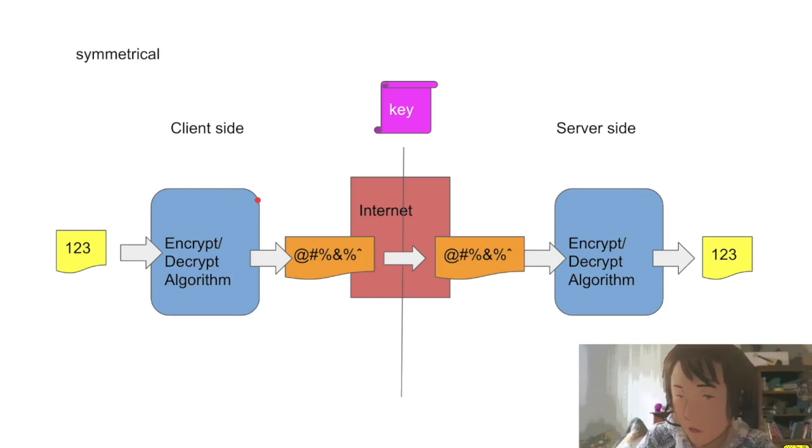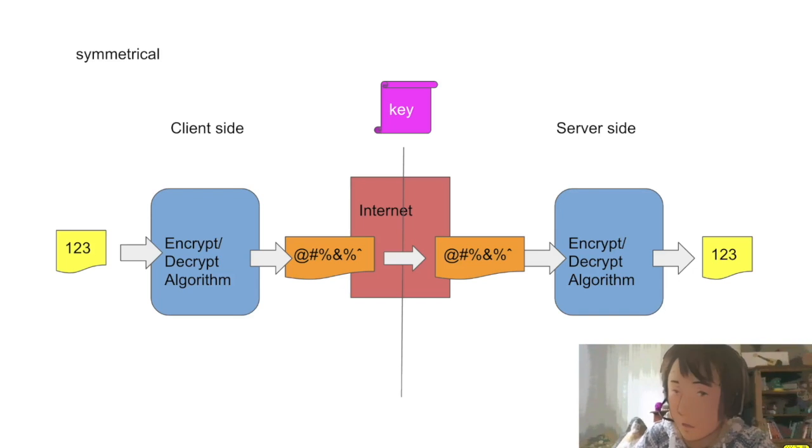But an encryption algorithm won't be secure enough if it's not using a special key that only you and the server side know. That makes sure the data is encrypted in a special way and is not easy to decrypt by anyone else, because encryption algorithms are more or less public. Everybody knows there are a number of different algorithms, but keys can be different.